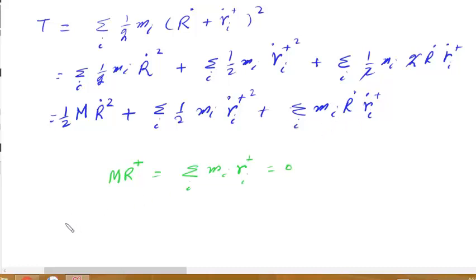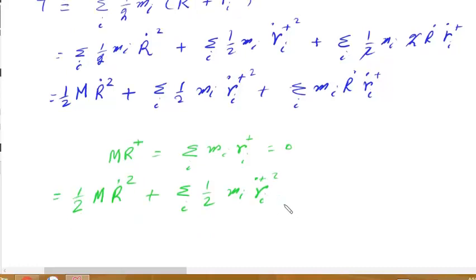Then we can write one half capital M R dot squared plus the summation of one half m_i r dot prime i squared.